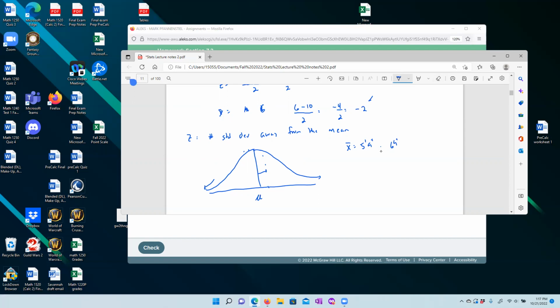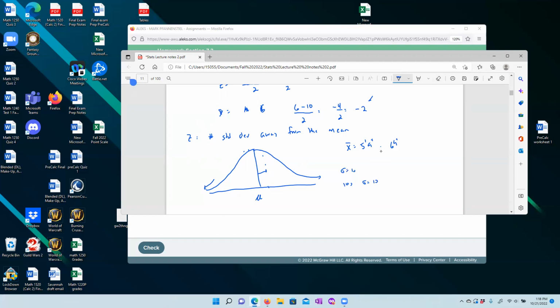Again, we measure these in terms of standard deviations. If I had a very large standard deviation, like 10, then I step in steps of 10. If my mean was 100 and my standard deviation 10, we're looking at something like IQ points.